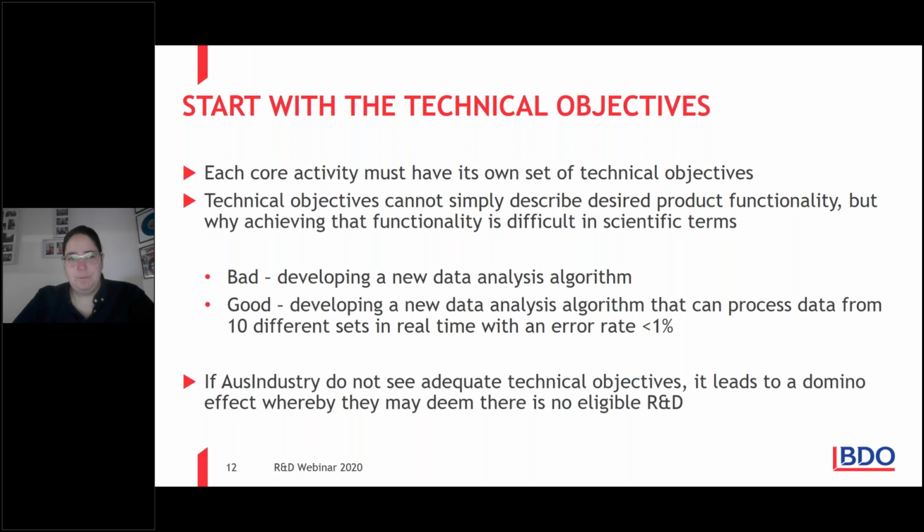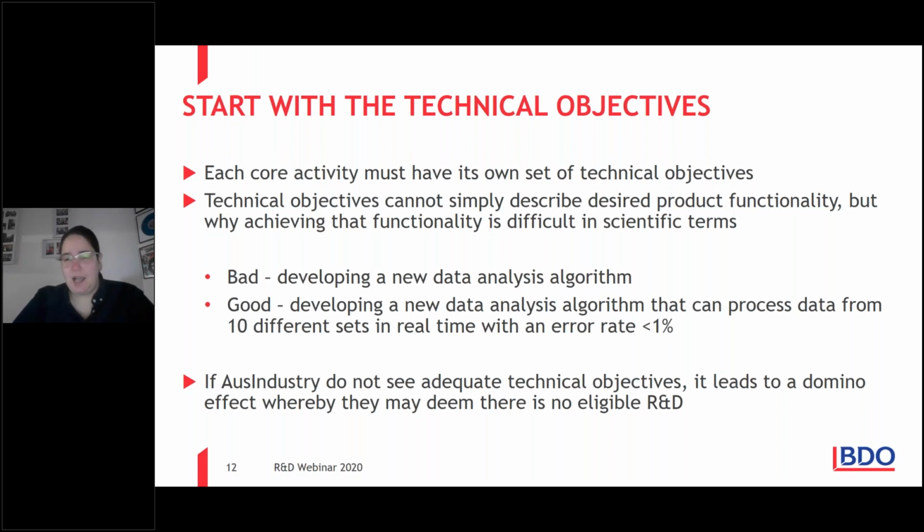So it will be tempting to say, well, I'm developing a new data analysis algorithm, and that's hard. But you need to take the next step on why is that hard, and then that starts to build your tech objective.